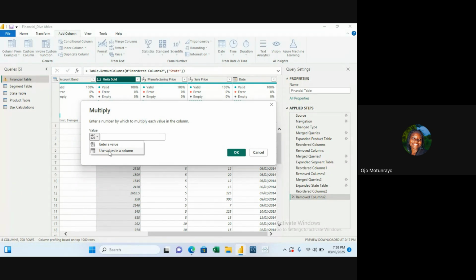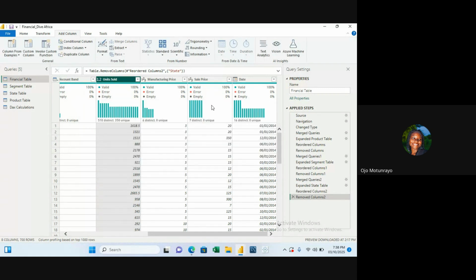So it said enter a value or use values in the column. Let me go back. My unit sold is highlighted. Then I went to add column, then my standard, then multiply.